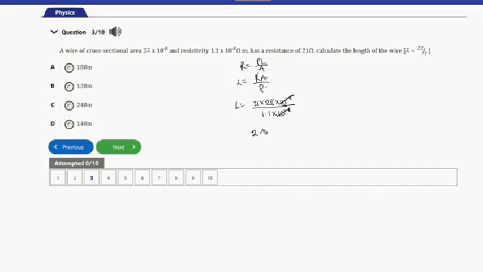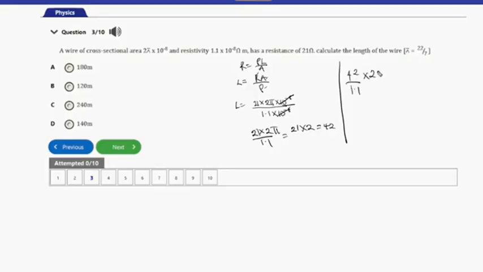So what we'll have left here is 21 times 2 pi over 1.1. But let's recall that pi is 22 over 7. So let's say 21 times 2 is actually 42. So we have 42 times 22 over 1.1 times 7.